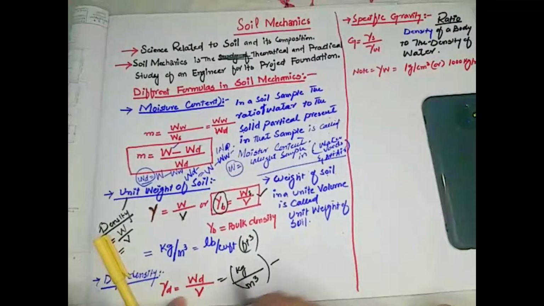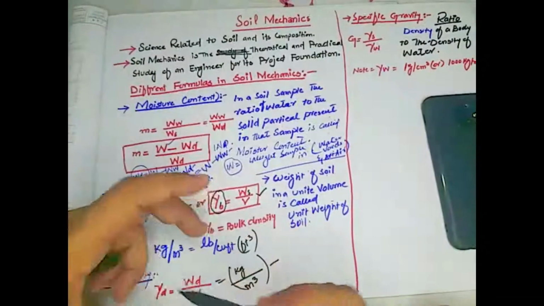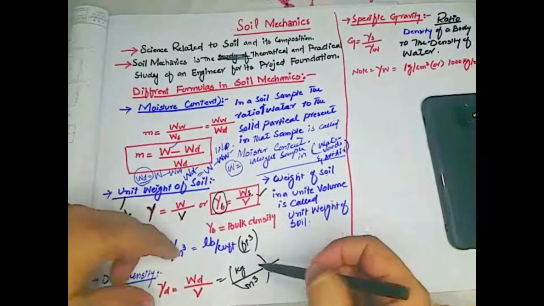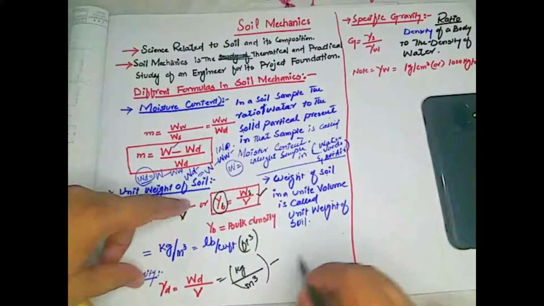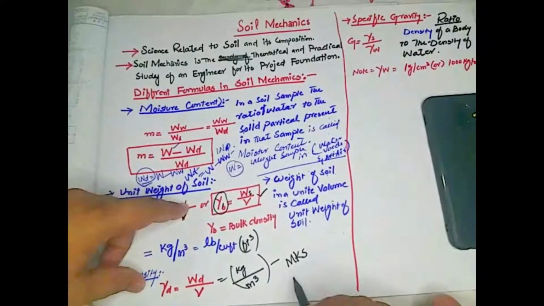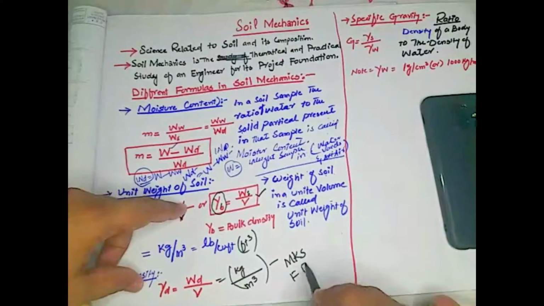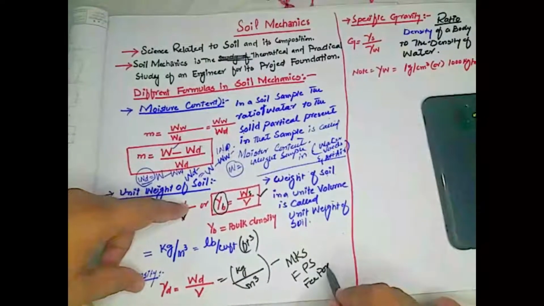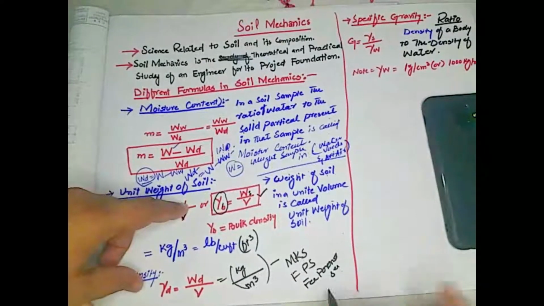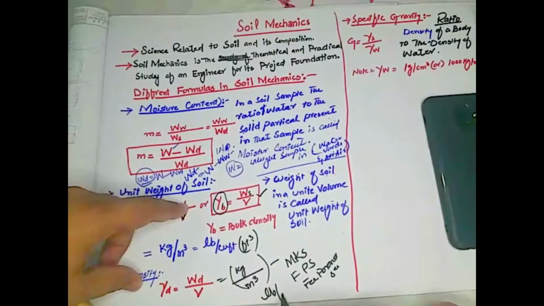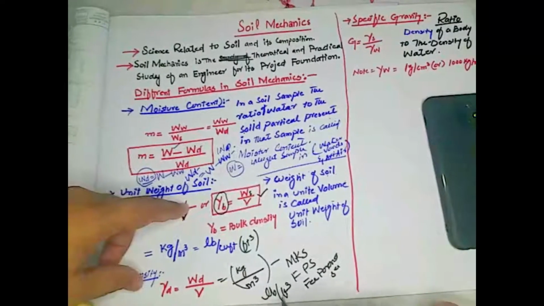So the unit of dry density, or any type of density or unit weight, will be kg per cubic meter in the MKS system, meter kilogram second, and in the FPS system, foot pound second, it will be pounds per cubic feet.